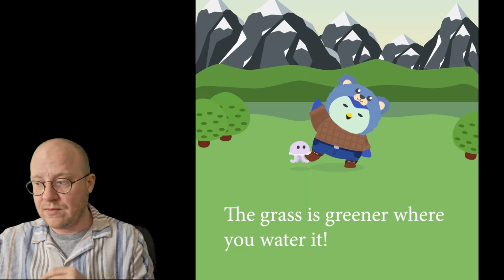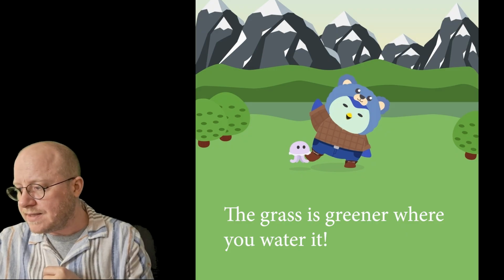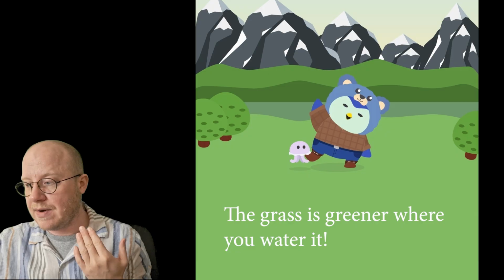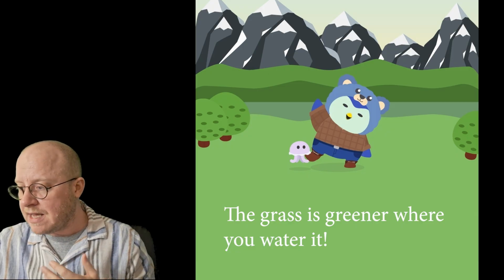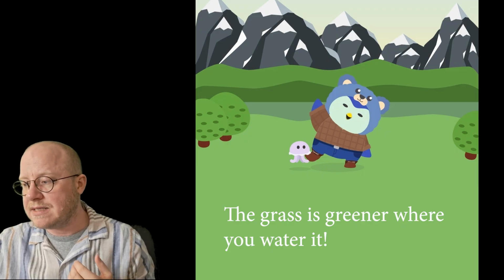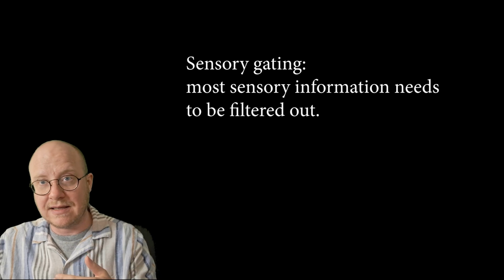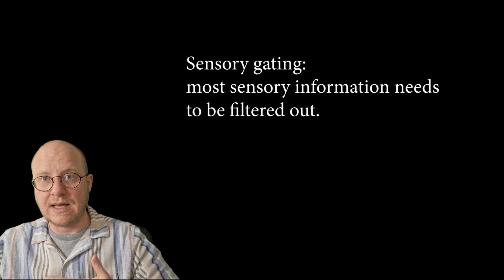The quantity and variety of sensory information being sent to your brain at any given moment is vast. In fact, most sensory information has to be filtered out as unimportant by a process called sensory gating. Like a gate, to stop something from coming in.